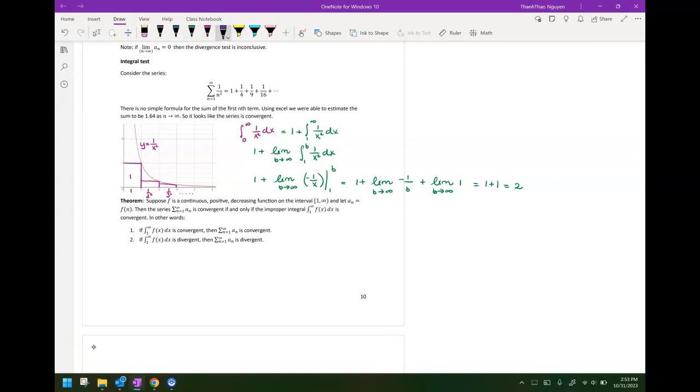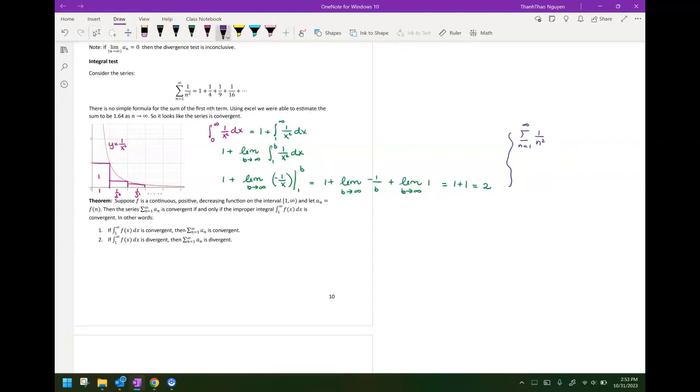So what do we know? We can tell that the sum from n equals 1 to infinity of 1 over n squared is bounded by that curve, and this is less than 2. Okay, it's less than 2.